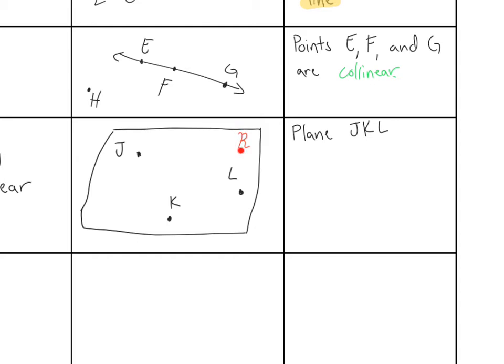If we take a look at the picture, R is over here by itself, but there are no points anywhere near it. And so we can name this plane, plane R. But the general rule for naming any plane is to use 3 non-linear points.